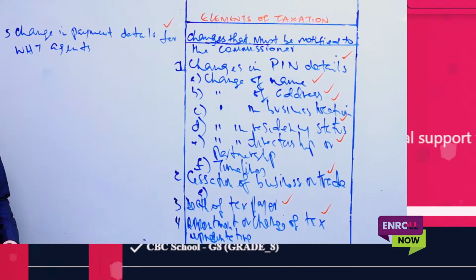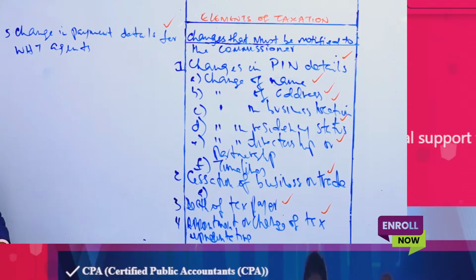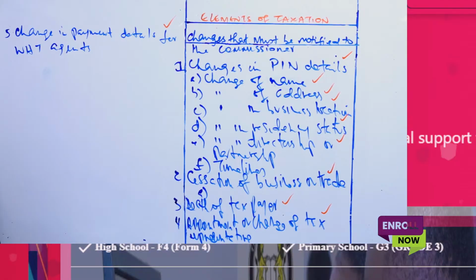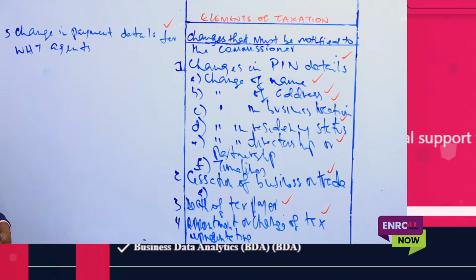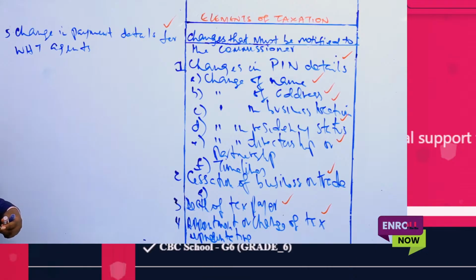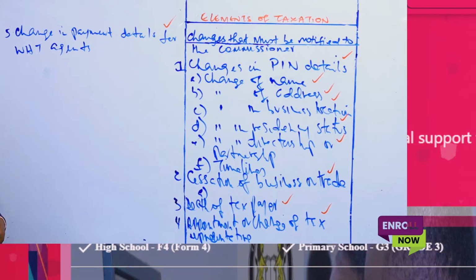And being out of compliance with basic registration details can flag a taxpayer for further scrutiny by Kenya Revenue Authority. Again, another consequence of non-notification is difficulty in tax administration. It can hinder a taxpayer's ability to access services on iTax or to receive important tax-related communications.